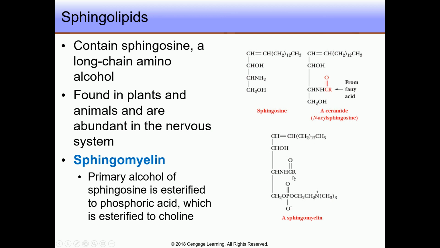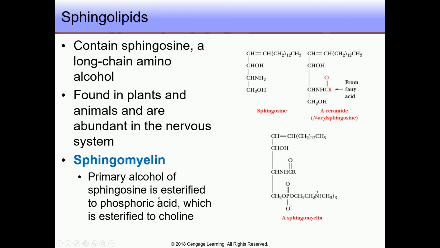Here is attached the fatty acid, and at the alcoholic group in the sphingosine is attached the phosphate group, and to this phosphate group is attached the choline. So that is the structure of sphingomyelin, a lipid present in the nervous system.